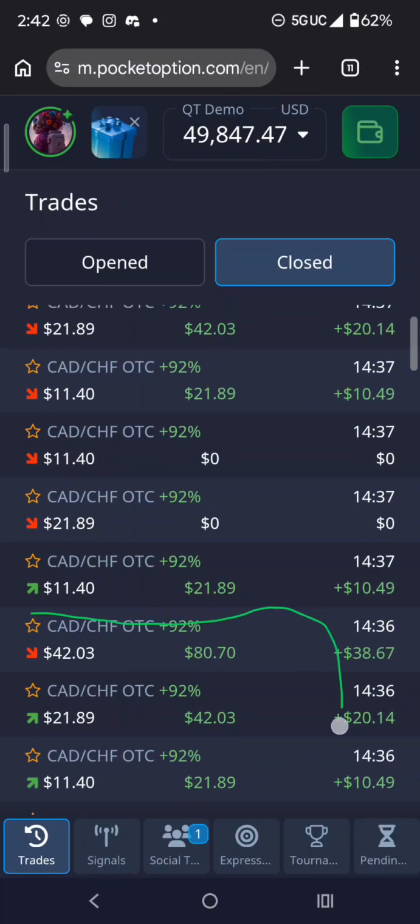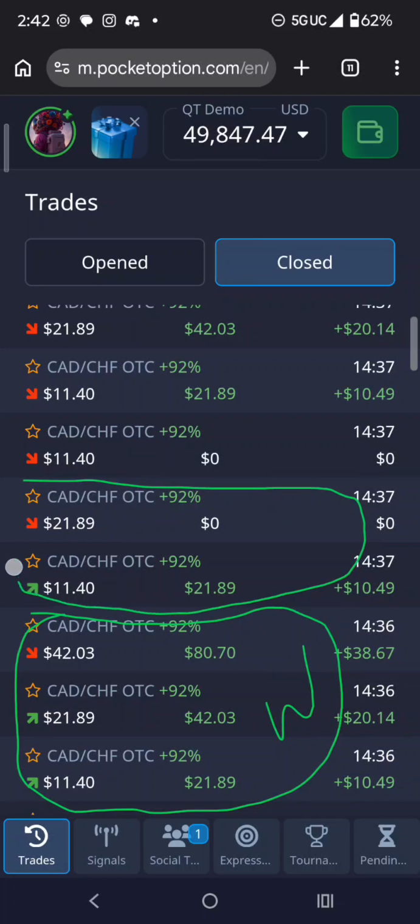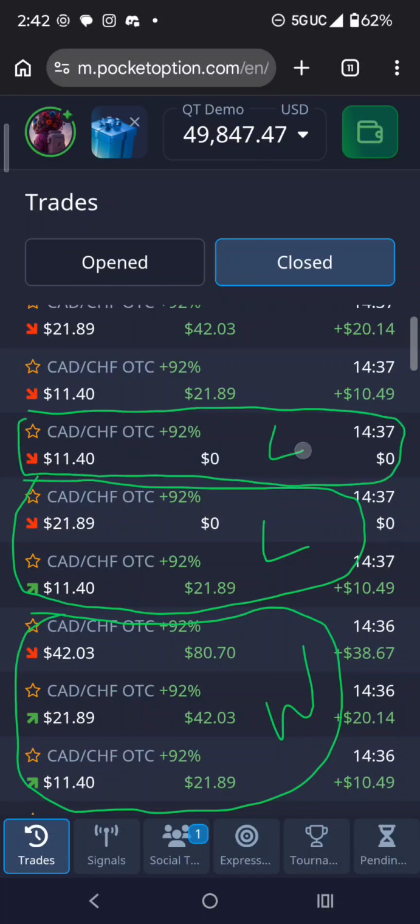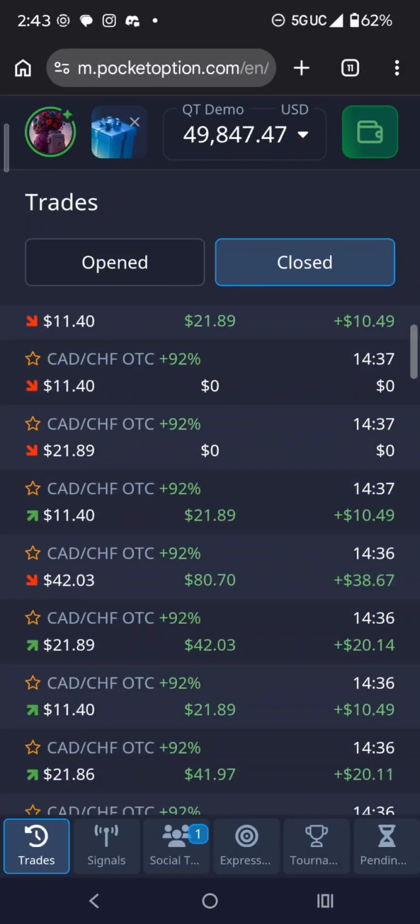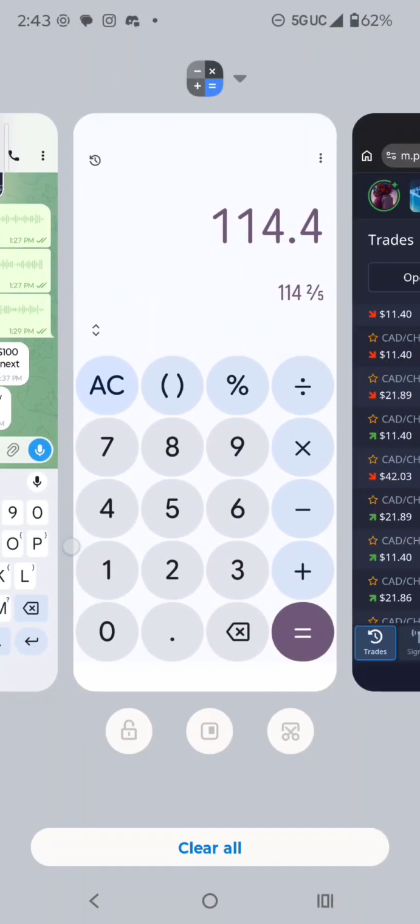This is 1 campaign, 2 campaigns, loss. 3 campaigns, loss. And then this fourth campaign was a win. So that's 4 campaigns and 100% for that.